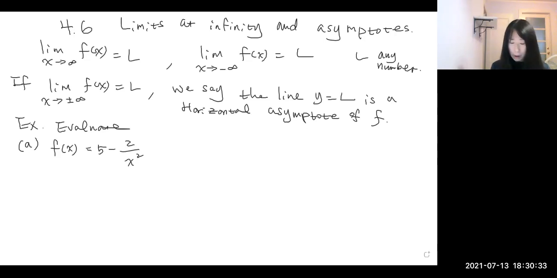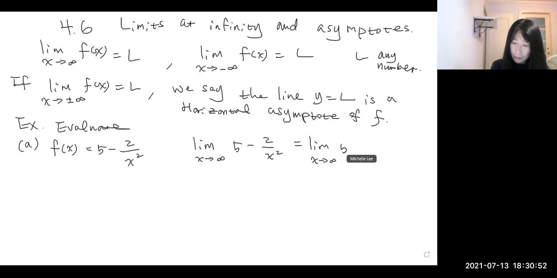So we're gonna take the limit in this case. There are two terms. Then we can say that limit as x approaches positive infinity of 5 minus the limit as x approaches positive infinity of 2 over x squared.